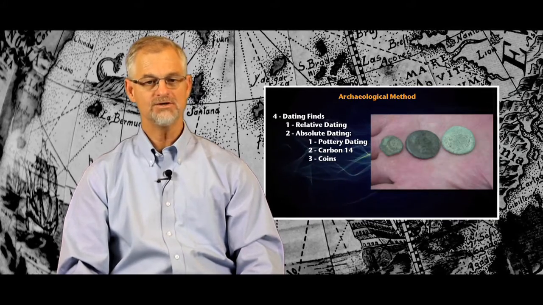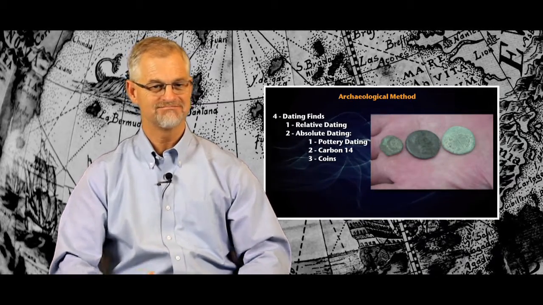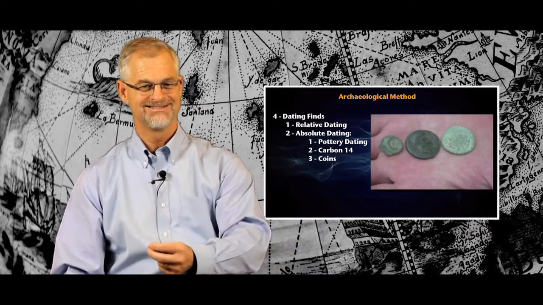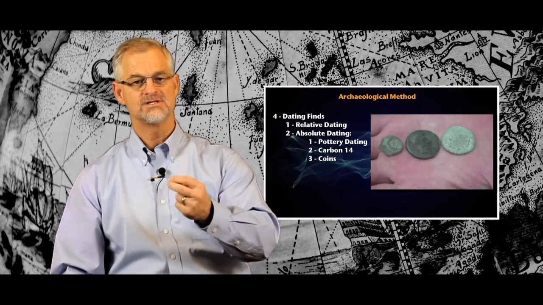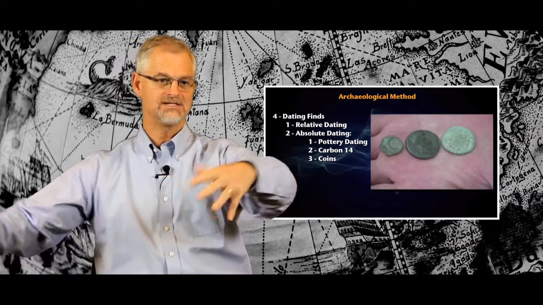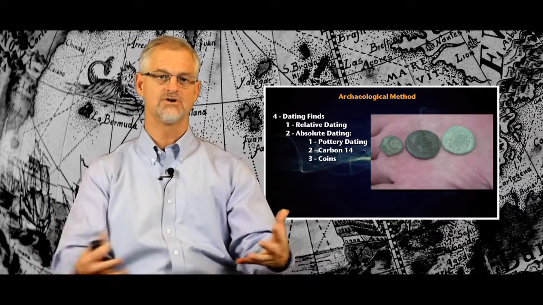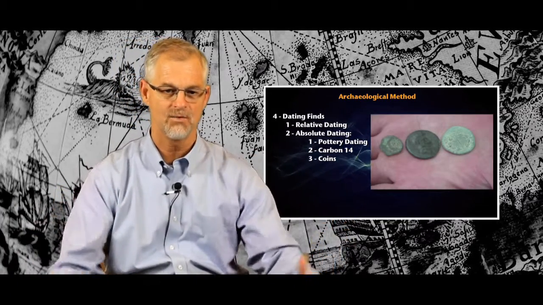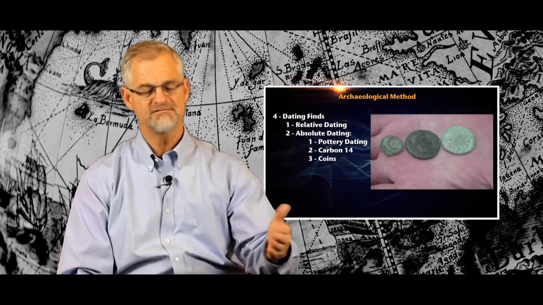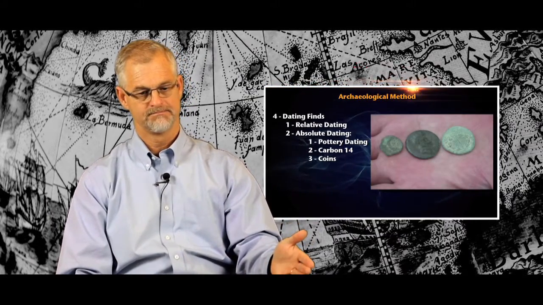But good archaeologists are very careful. You take multiple samples. You send those samples to multiple labs, and you get multiple dates, and you do statistical analysis on them to try to figure out where things stand. We all know that there's a margin for error in carbon-14 dating.